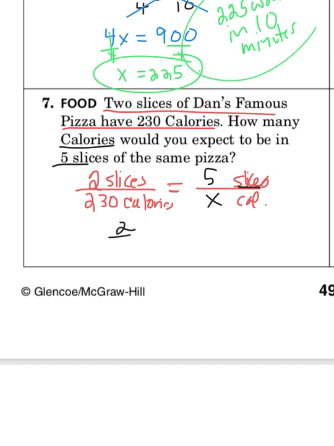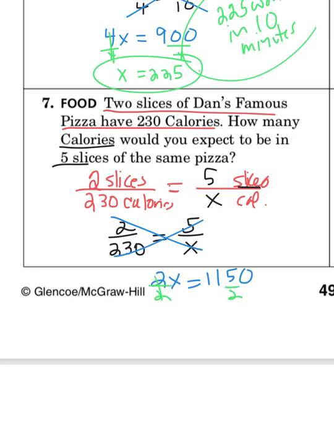So I have 2 over 230 equals 5 over X. 2X equals, and 230 times 5 is 1,150. Divide by 2, divide by 2.